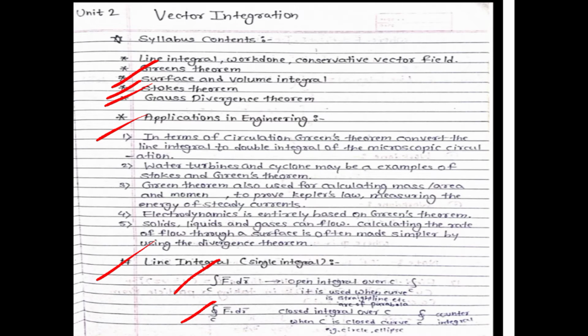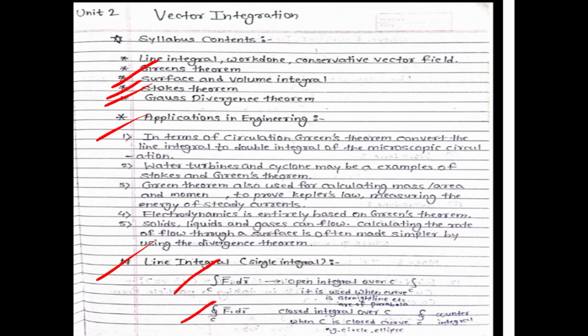open integral is calculated over the points when the curve is a straight line or parabola. When the curve is a straight line or parabola, that is, it is not closed, then we apply the open integral.